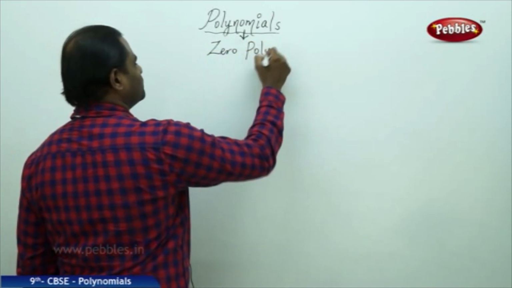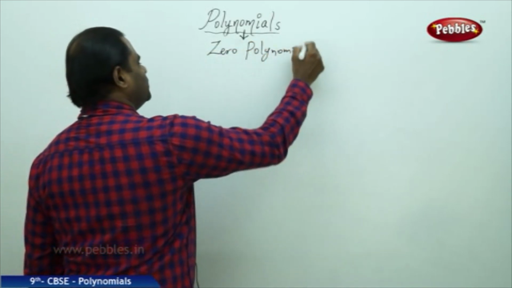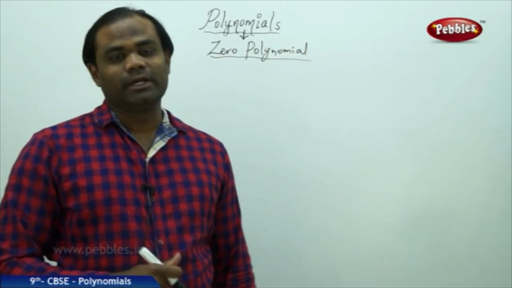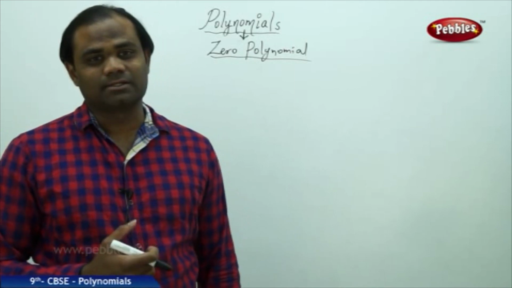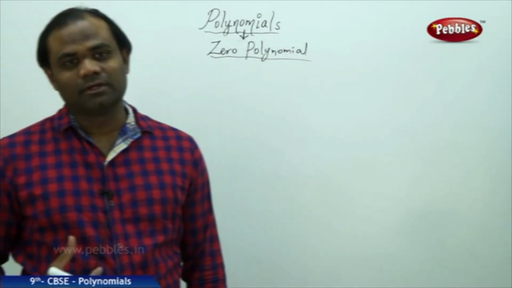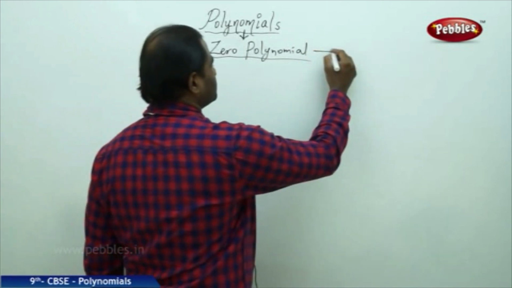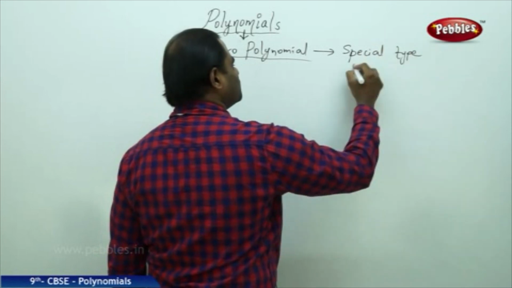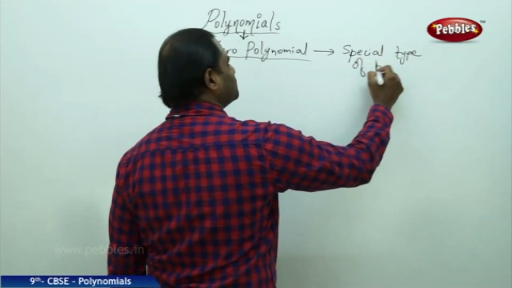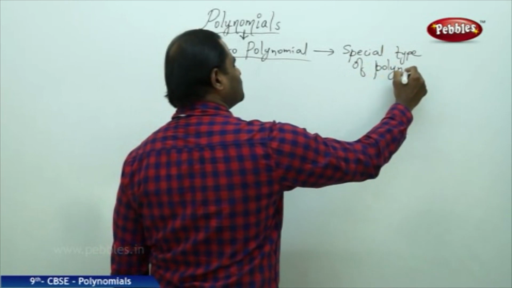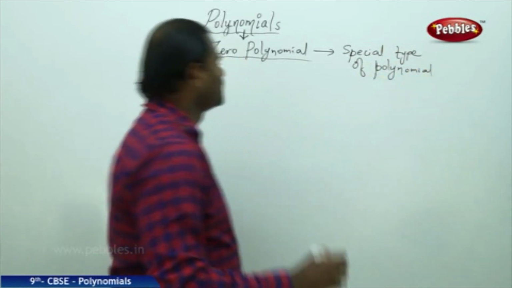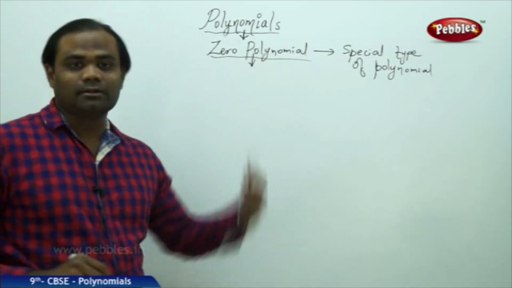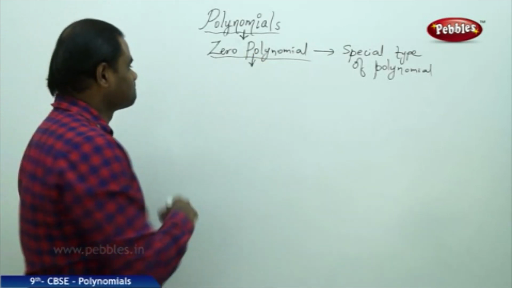Zero polynomial plays a very vital role in the branch of mathematics. Though its significance is learnt in higher classes, let's discuss its definition as a special case. Special type of polynomial. Let's see what zero polynomial is defined in the topic of polynomials.